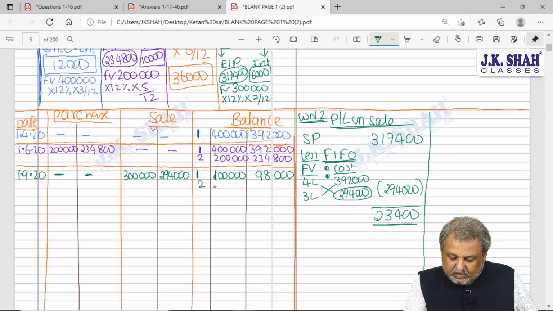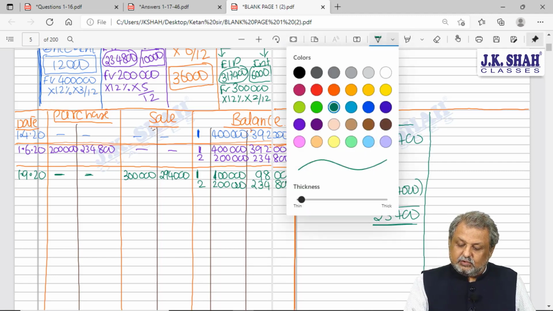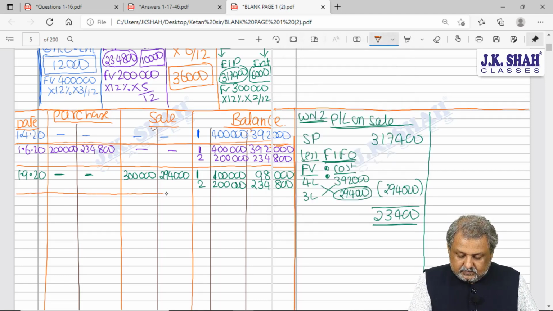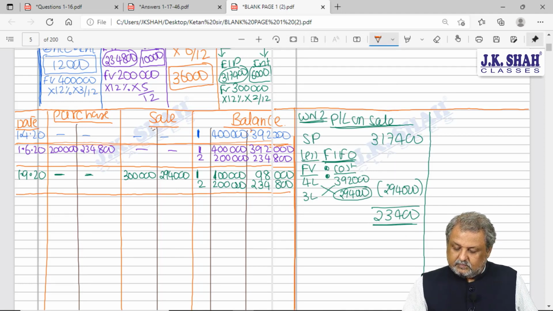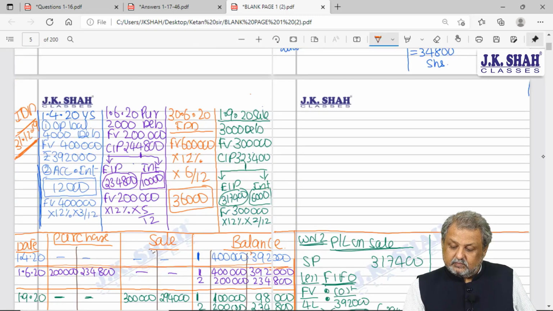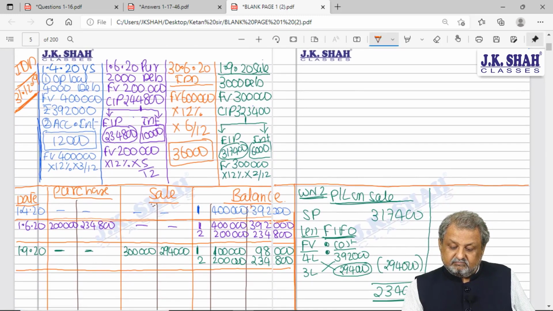And second lot of 2 lakhs remains as it is. No change. This is FIFO cost. Understood? Everybody?